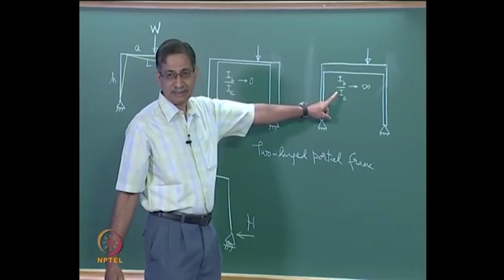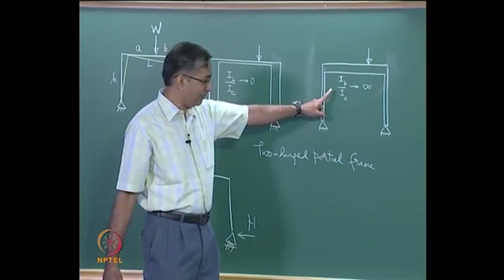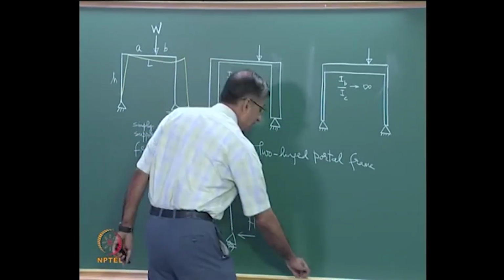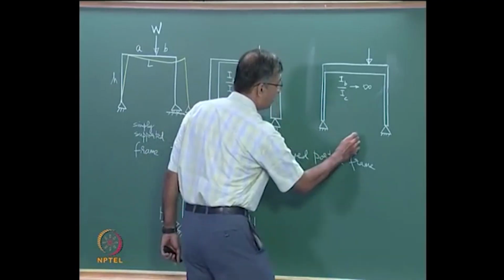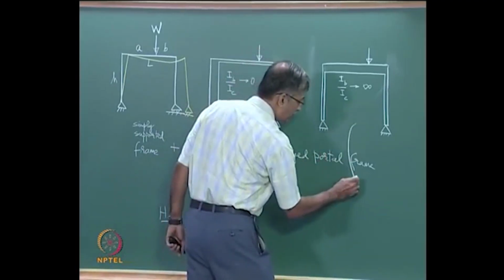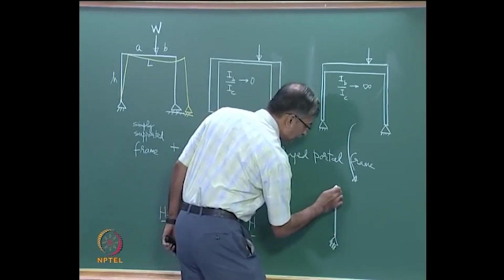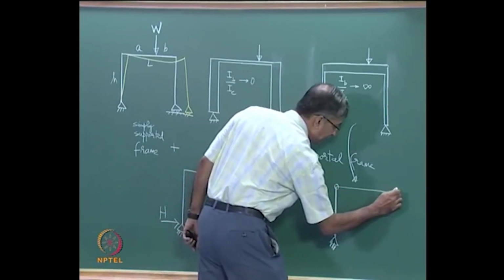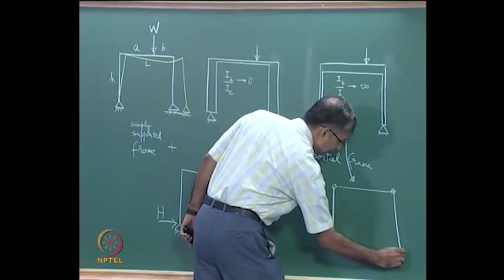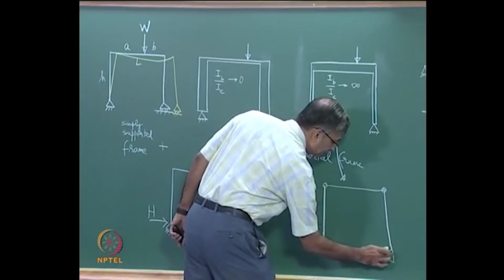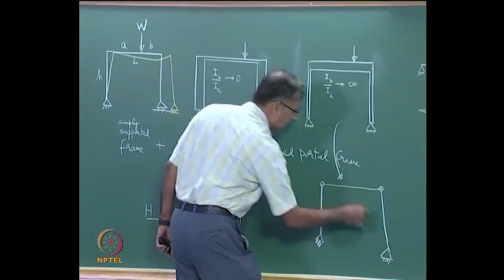When you have this condition, there is an important difference, because if this is really true, it would degenerate to a beam with a hinge there. What is the problem with this?